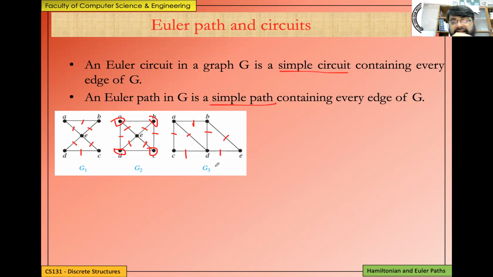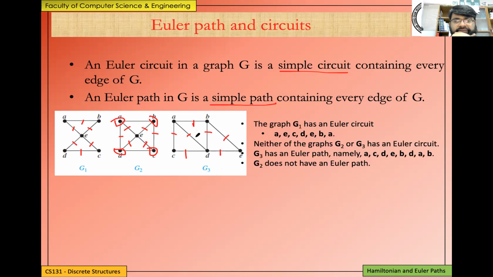So G3 contains an Euler path because we have used all the edges. However, we started at A and we ended up at B. So in this case, there does not exist an Euler circuit, at least in this particular scenario. But an Euler path does exist in the graph. So an Euler path exists, but an Euler circuit does not exist.